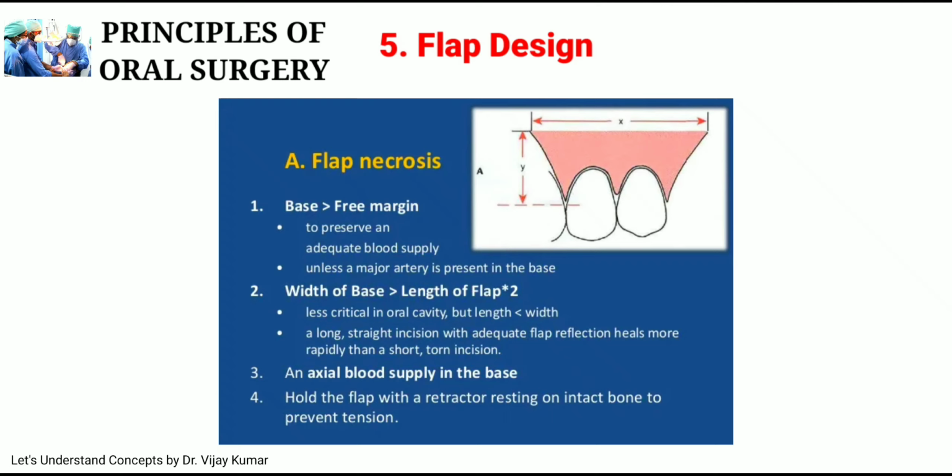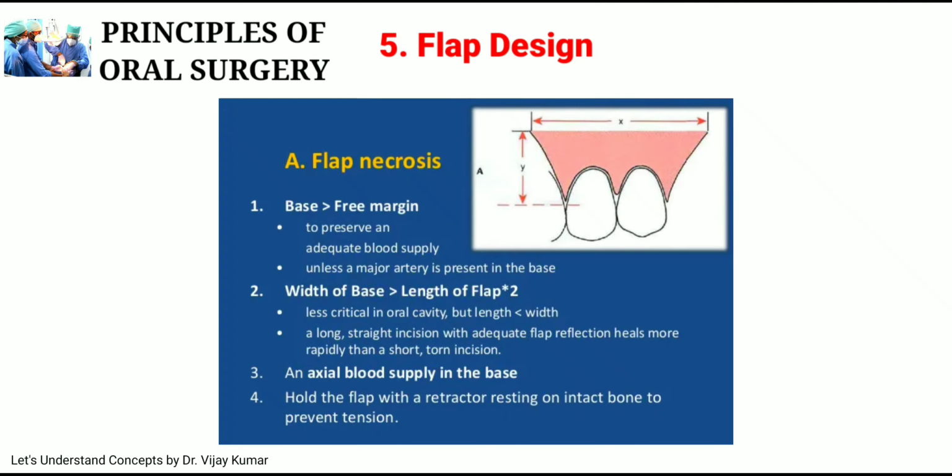The second rule concerns the width of the base, which should be more than the length of the flap. The length of the flap should be no more than twice the width of the base. This is less critical in the oral cavity, but in general the length should be less and the width of the base more.